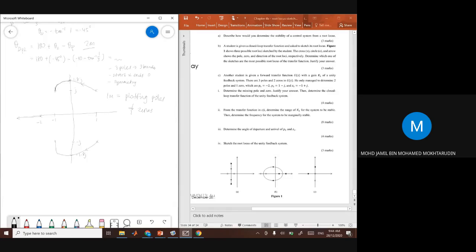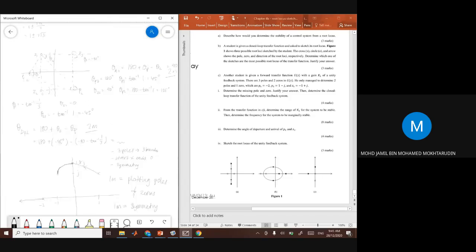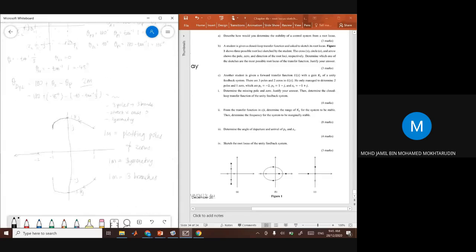And then 1 mark for symmetry, and 1 mark for 3 branches. Okay.